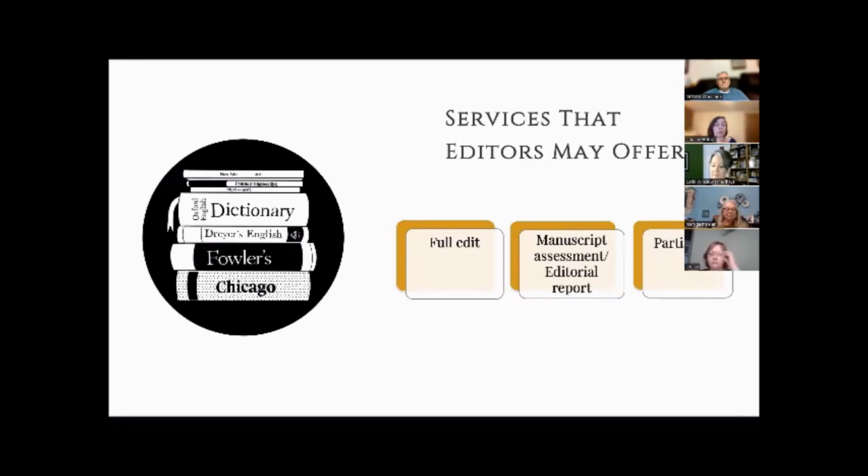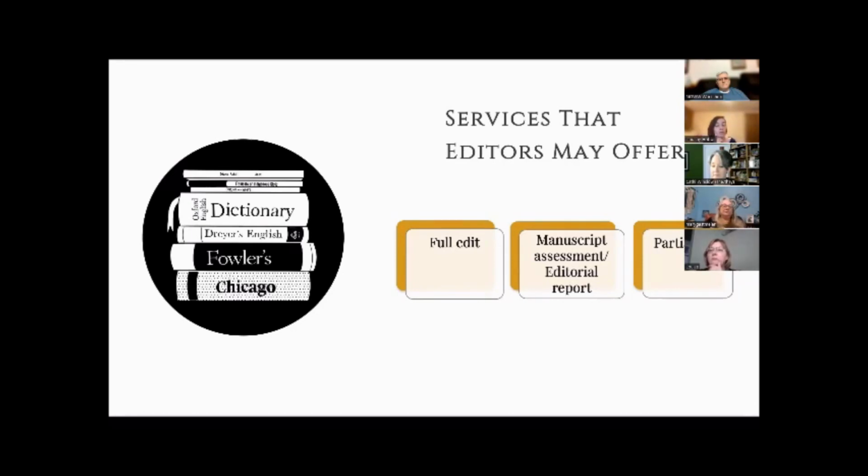So then you don't get the specific examples and things pulled out in comments in the actual manuscript, you just get the summary. This is, of course, a much cheaper option, and it can help you to understand at a baseline what types of things you need to be looking for when you go through and do your self-edit, things that the editor will have flagged for you in their report, and then you can go through and find those within your own manuscript and work on them.